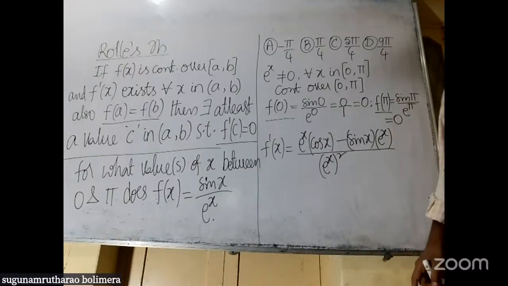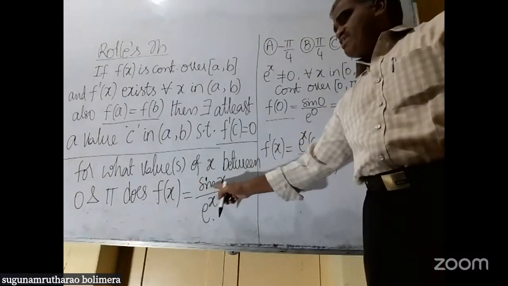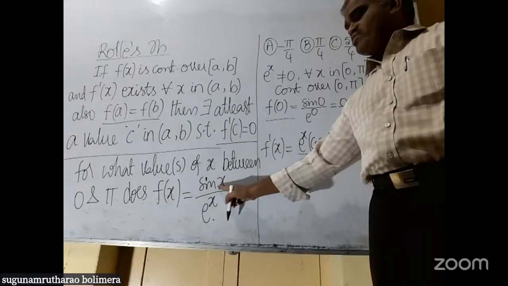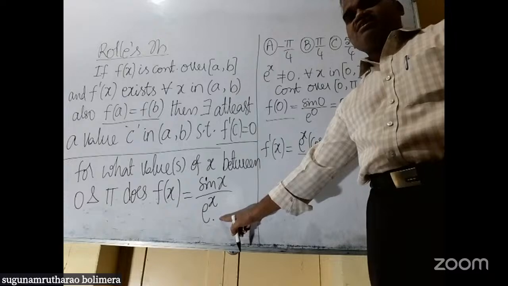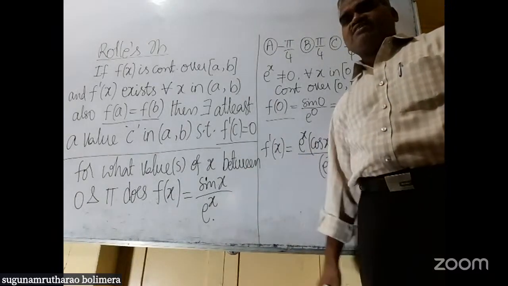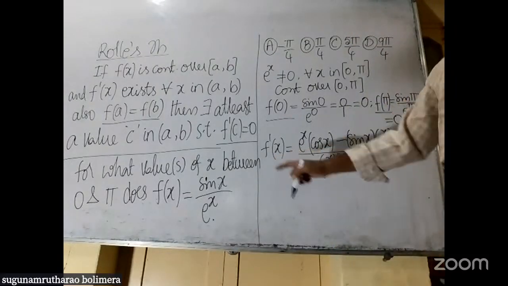By the formula: denominator into derivative of numerator minus numerator into derivative of denominator, divided by denominator whole square. So here this is f dash of x.